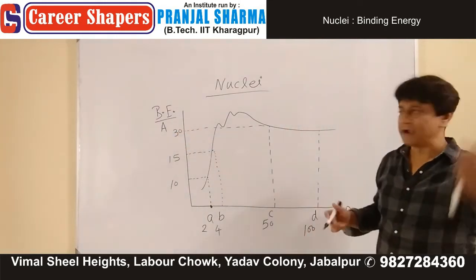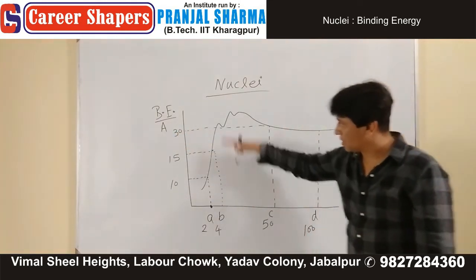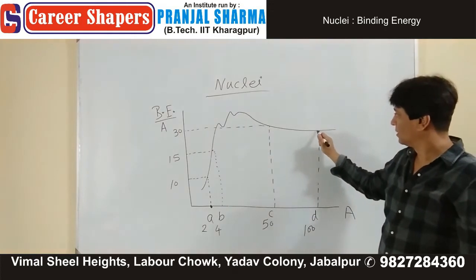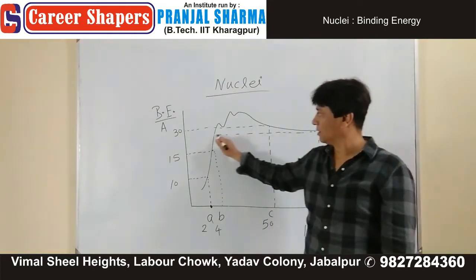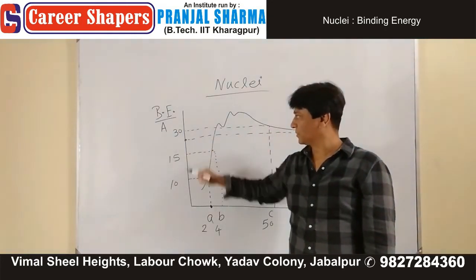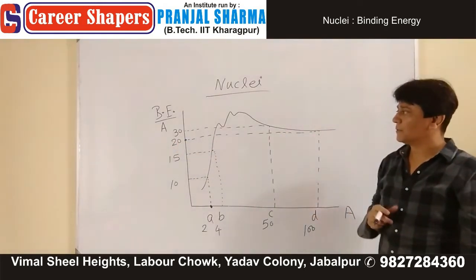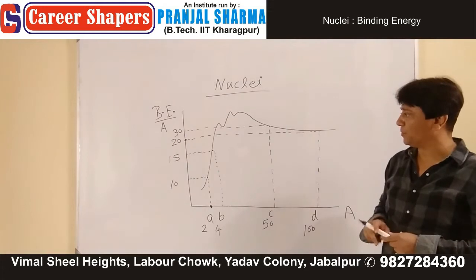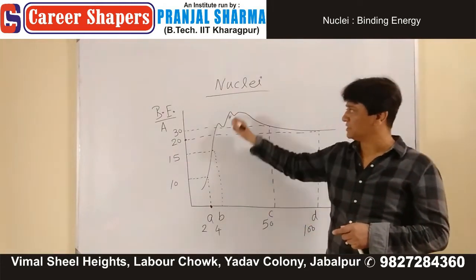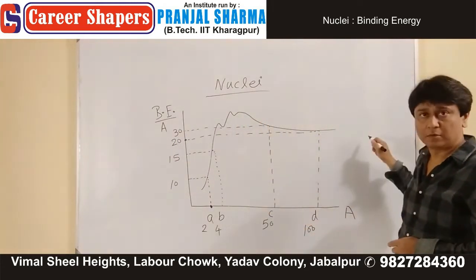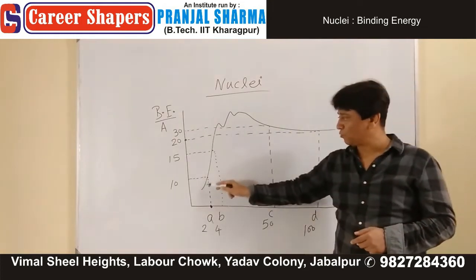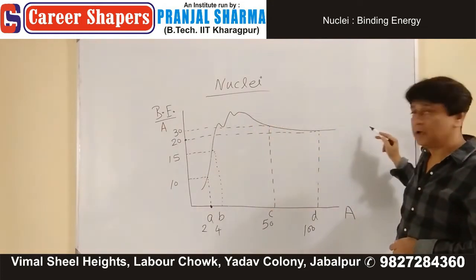I'm taking values randomly, but according to the graph. This one is 20. These are the values for binding energy per nucleon. The graph is rising and then is coming down. Look at the shape. It rises first and then comes down.